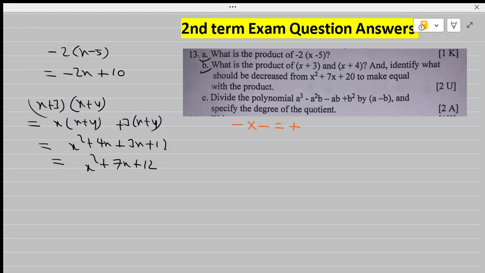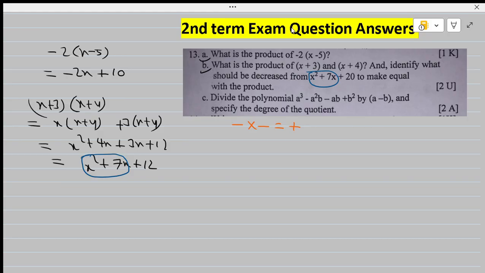Next, identify what should be decreased from this expression x squared plus 7x plus 20 to make it equal to the product. When you see this, you find that x squared plus 7x are the same, so no need to think about them.